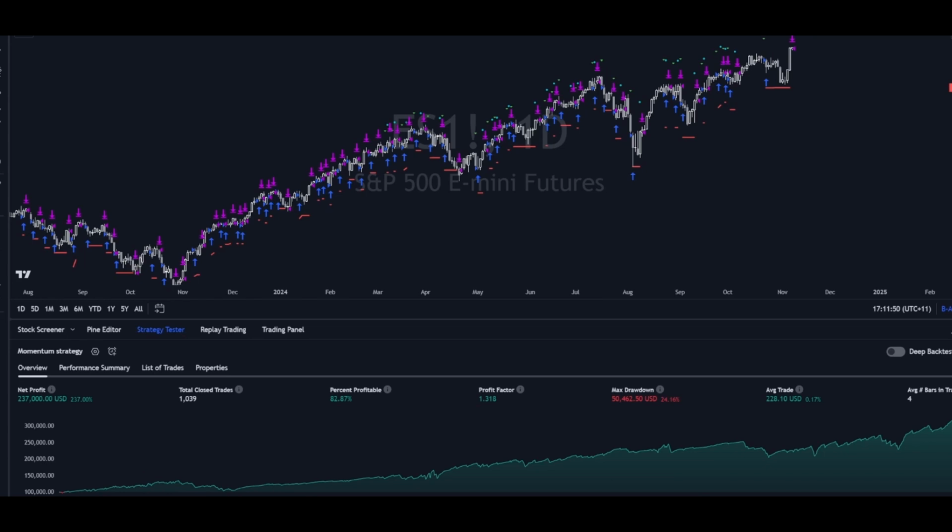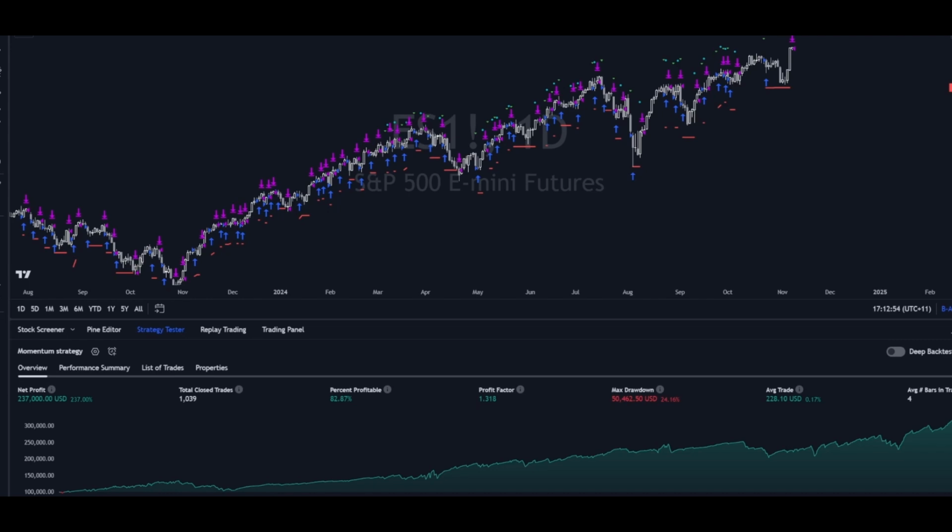And now we have the momentum strategy. So here we've got a net profit of $237,000, but this one's much more frequent at 1,039 trades. So that gives us a trade roughly every 6.6 trading days. We've got a pretty good win rate here at 82%. The profit factor a little bit low at 1.3, but the drawdown's okay at 24%.